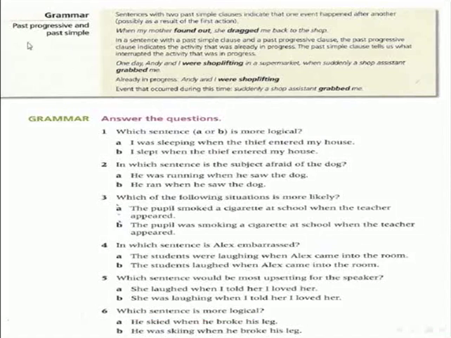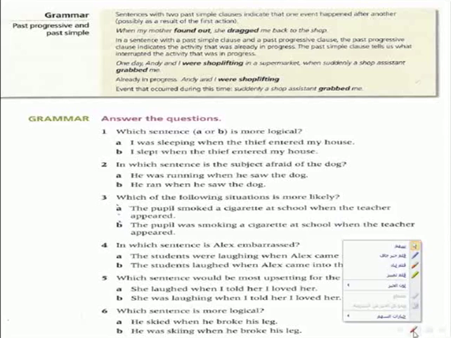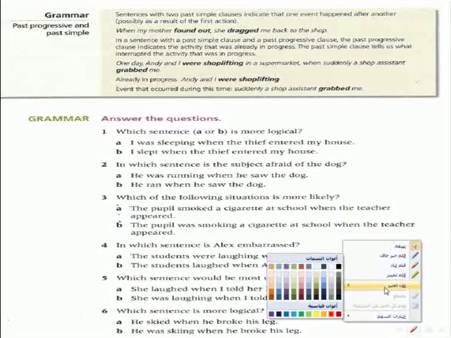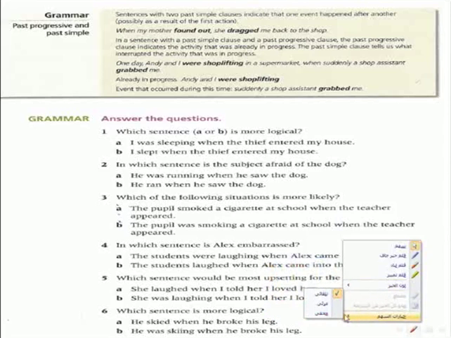So grammar. Here the title we have past progressive and past participle. Sentences with 2 past simple clauses indicate that one event happened after another, possibly as a result of the first action.